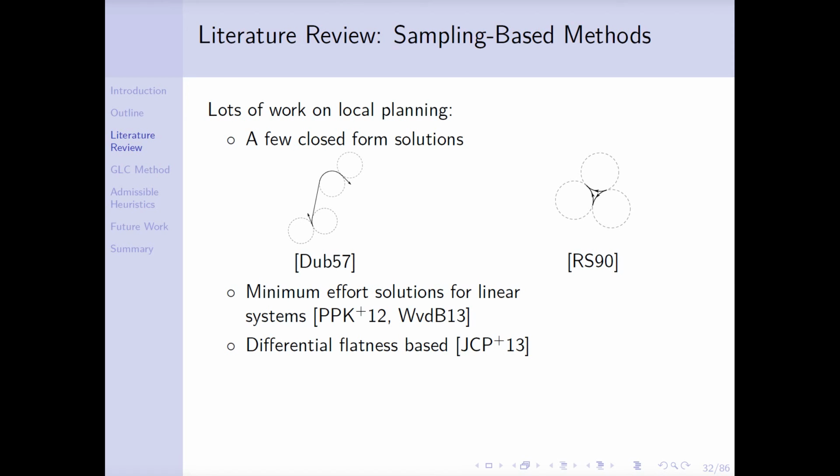So the first line of defense in trying to apply the PRM star or RRT star algorithms is to try and justify using a dynamic model and cost function for which we have a closed form solution for the local planning subroutine. Two popular examples of this for wheeled robots are the Dubins paths and the Reeds-Shepp paths.